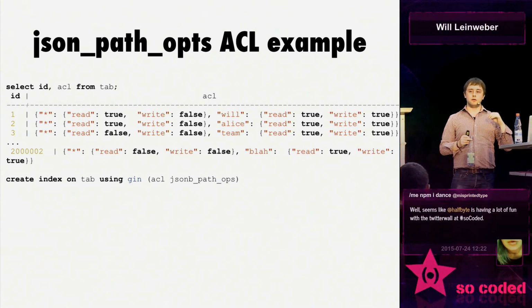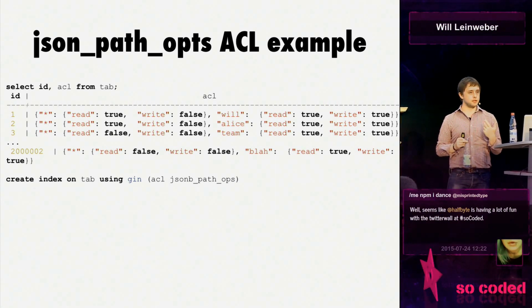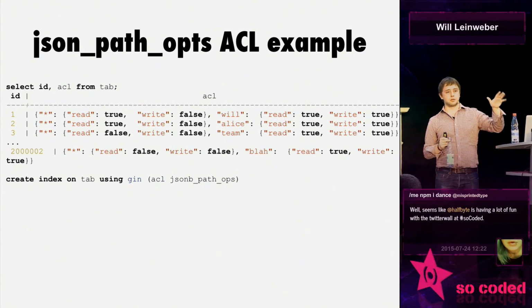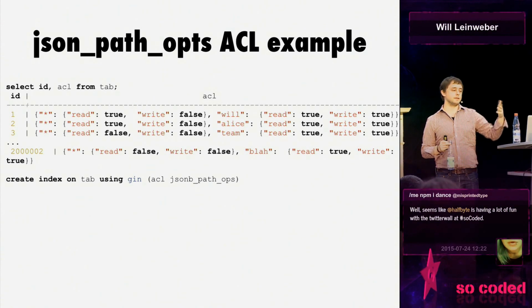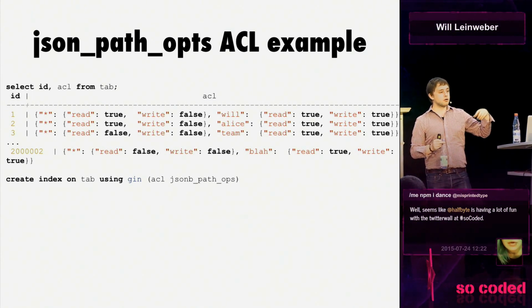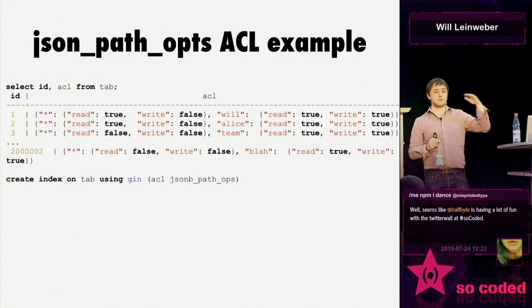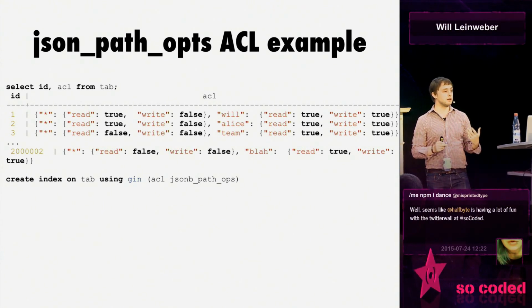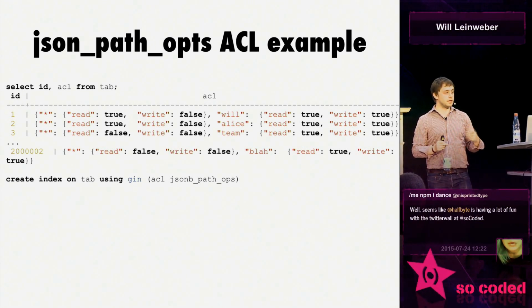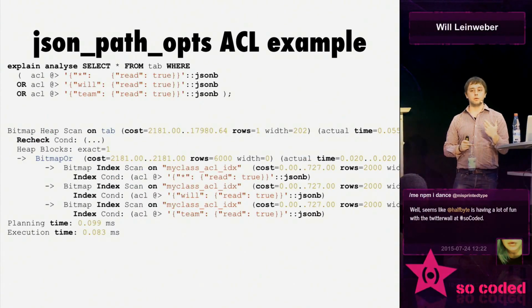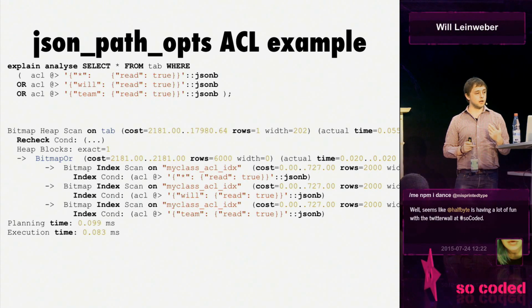And Postgres has a type of index called a GIN index, which stands for generalized inverted index. And if you give it this special, poorly named, maybe it's named fine, but hard to remember name when you create the index, it'll create an index that actually has every single key and every single nested key in all of the documents. You don't have to pre-say which things you want lookups for. It just indexes everything. And this actually turned out extremely well when doing the access control lookups. I was actually surprised at how well it worked.